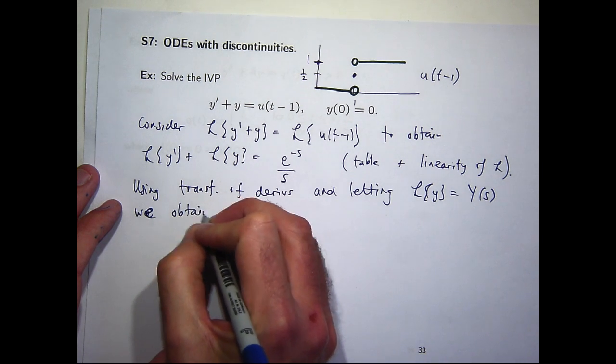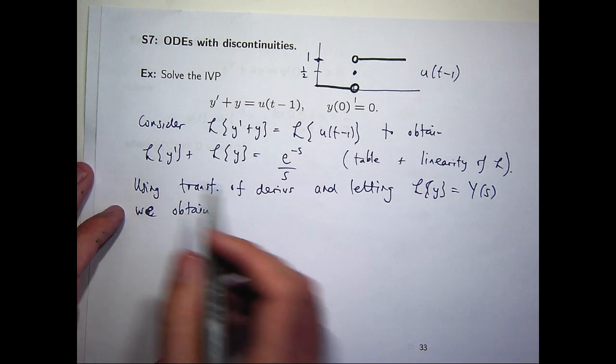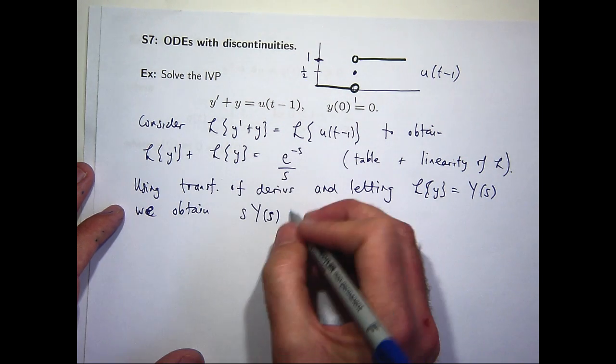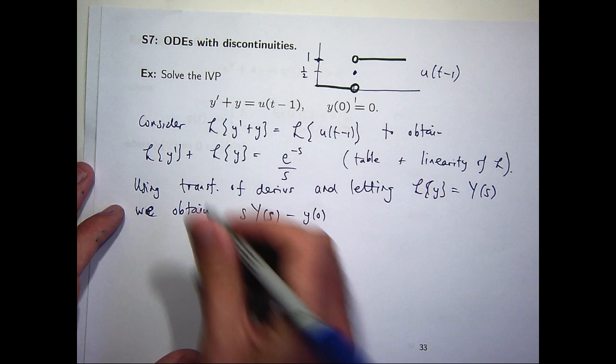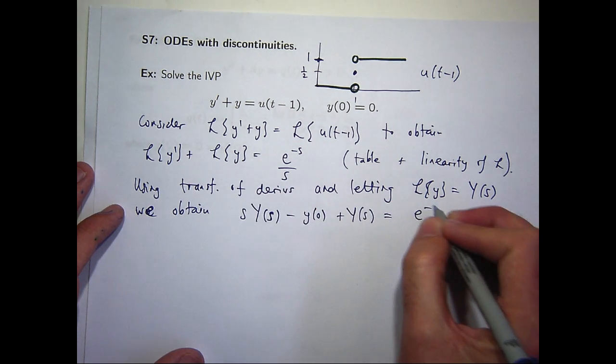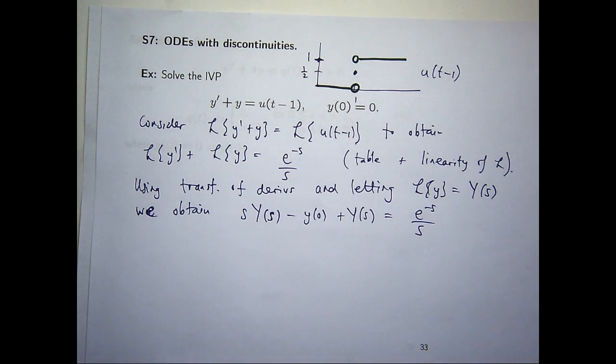We obtain the following. On the left-hand side, I'm going to get something like s big Y of s minus little y of 0. Now this is just big Y of s. And I get something like this. Now little y of 0 is the initial condition and it's 0.